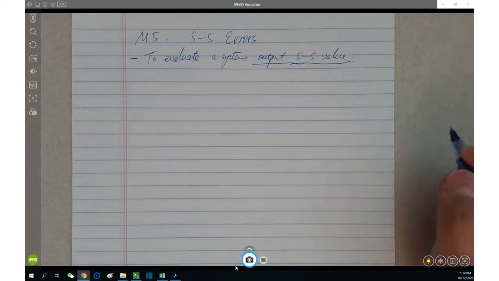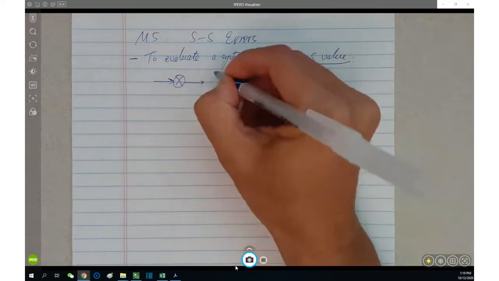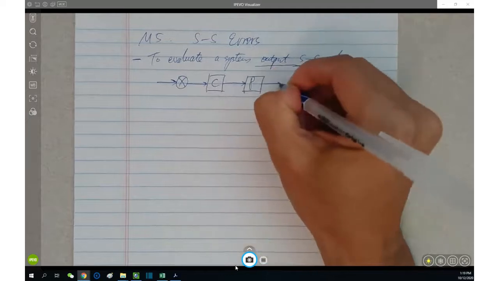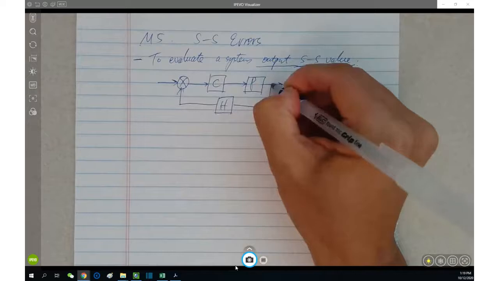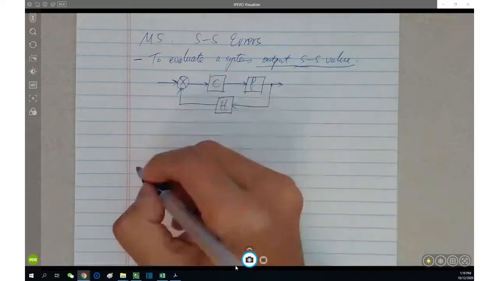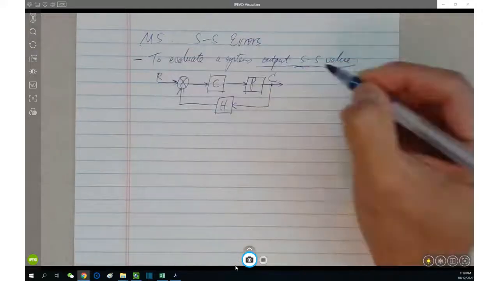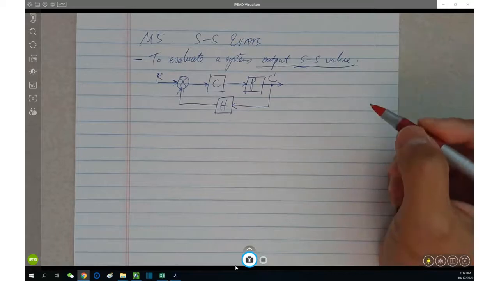How good is the steady state value? Is it good or bad? And how to tell? Once again, we are using this generic control system block diagram. You all know this is input, this is output. This should be very clear now. This module 5 is studying where?